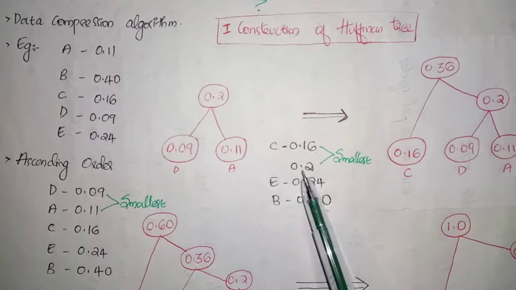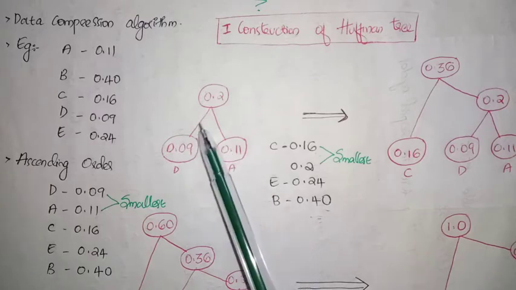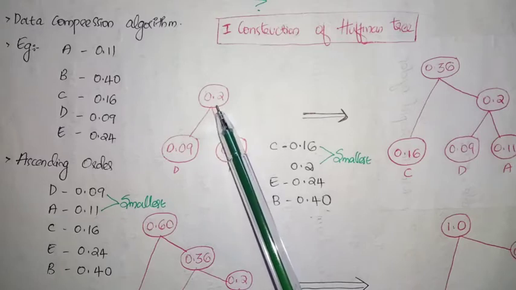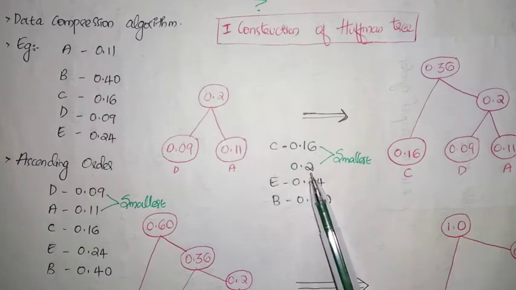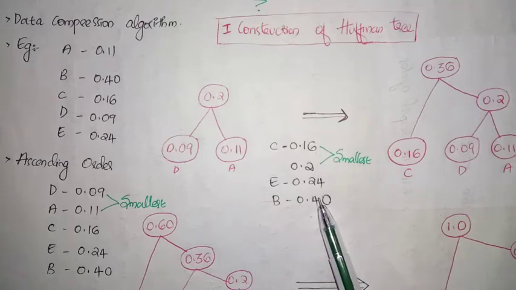Now what are the remaining probabilities? C, E and B are the remaining probabilities in our given question, and since we created a parent node, this probability will also be included in the input. Here we continue in the same manner: write the smallest probabilities first and the largest last, that is, order these probabilities in ascending order.